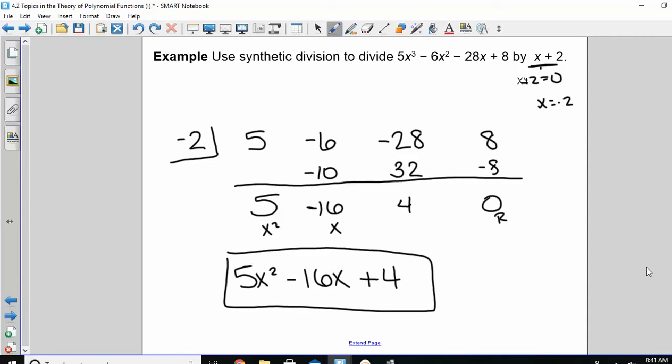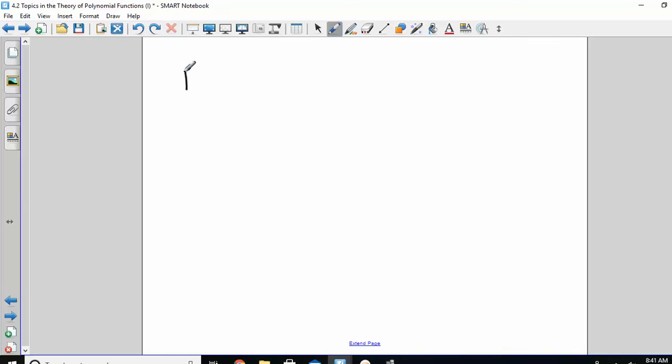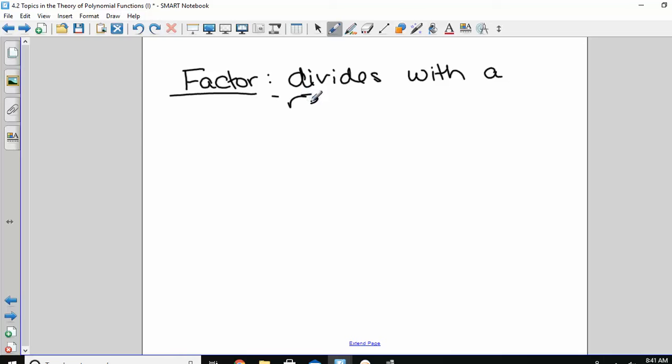If it divides evenly, what's your remainder? 0. So if we divide it and just get 0, we could say it's a factor.